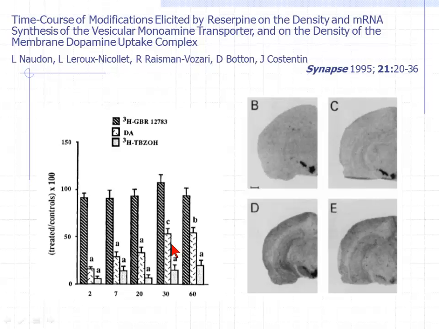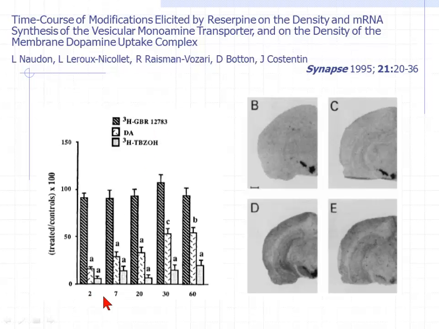And what they showed was that a single high dose of reserpine depleted dopamine levels and blocked tetrabenazine binding in the striatum very, very severely. This hashed bar shows measurement of the dopamine reuptake transporter, or the DAT, on the basis of ligand GBR12783.